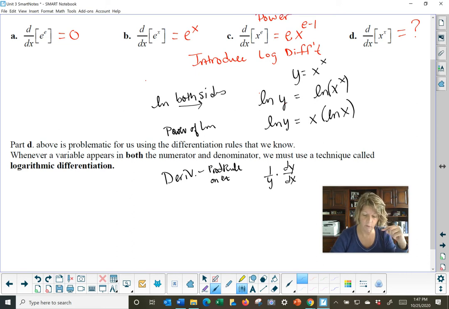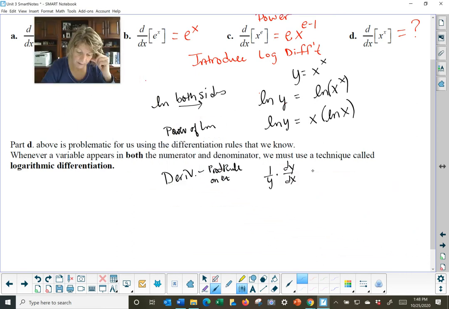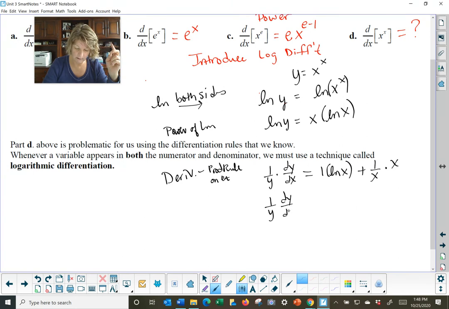So we get 1 over y dy dx. And over on the right side, product rule kicks in, a 1 times a natural log x plus derivative of natural log x is 1 over x times x. Let's just clean up a little bit. 1 over y dy dx equals natural log x plus 1.